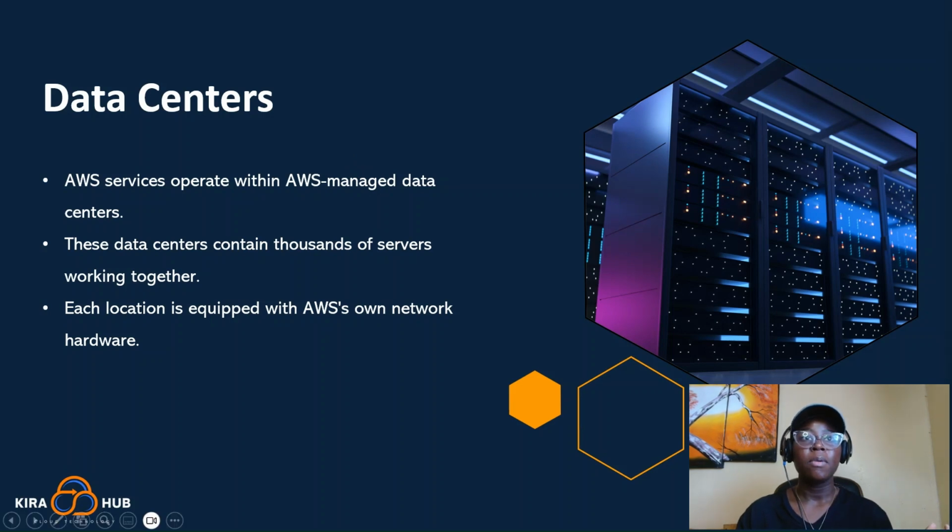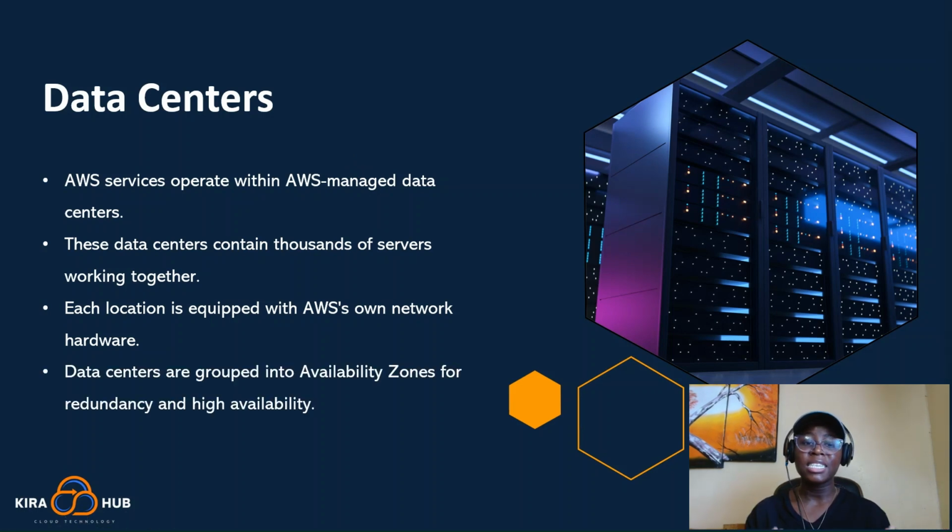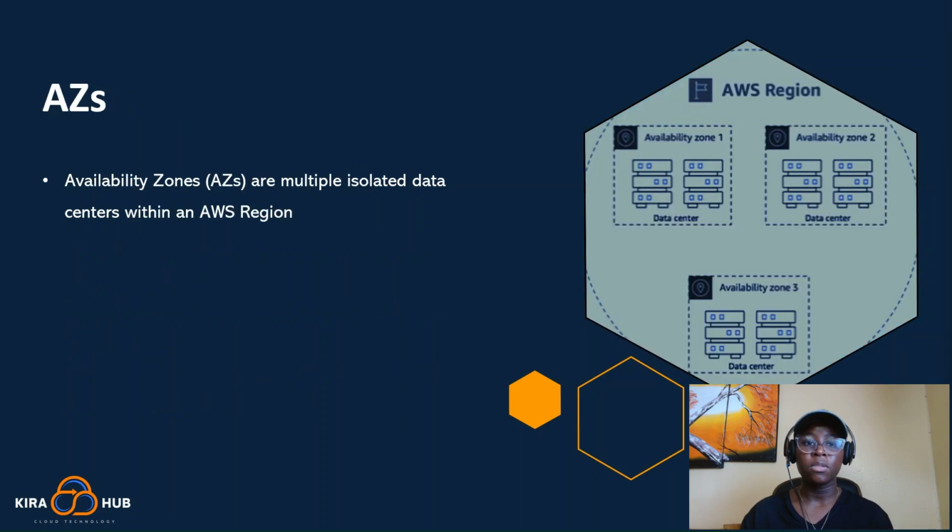The next point is that data centers are grouped into availability zones, and this takes us into the next concept: what is an availability zone? Availability zones are basically a cluster of data centers.